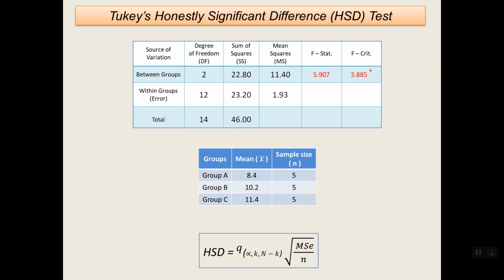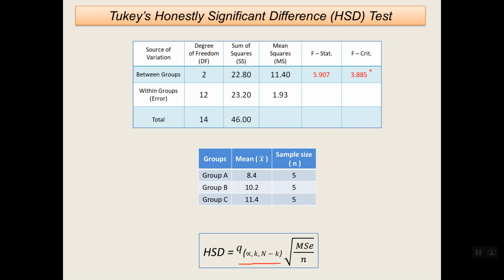Here below is the formula for calculating the value of the HSD for Tukey's test. In order to calculate it, we need to determine three things. First of all, we need to find the value of Q, which is called the studentized range distribution.